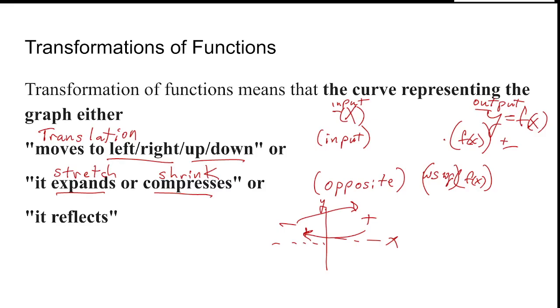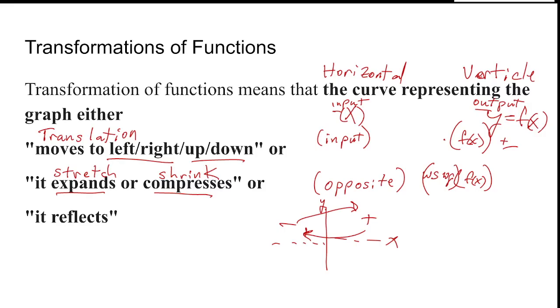Anything that has a horizontal effect is going to be caused by the input. Anything that results in a vertical change is caused by something changing on the outside.